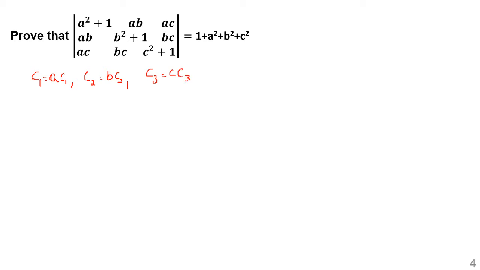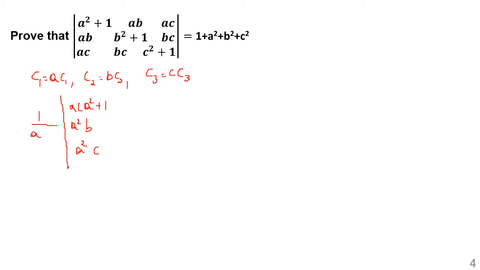So we'll multiply the first column with A. We'll get a into a square plus 1, a square b, a square c. But we need to get the same matrix, so we are going to write 1 by a.